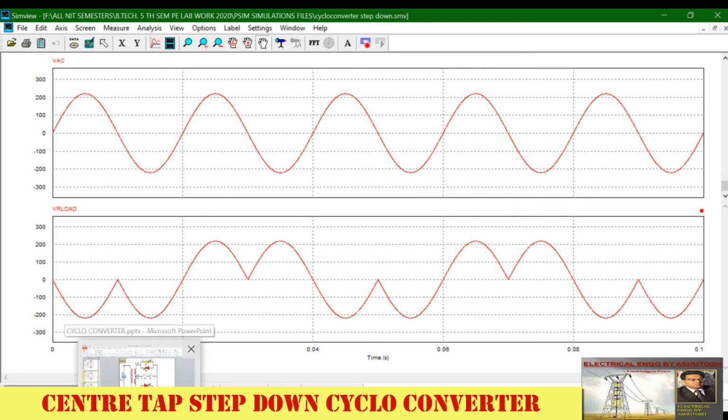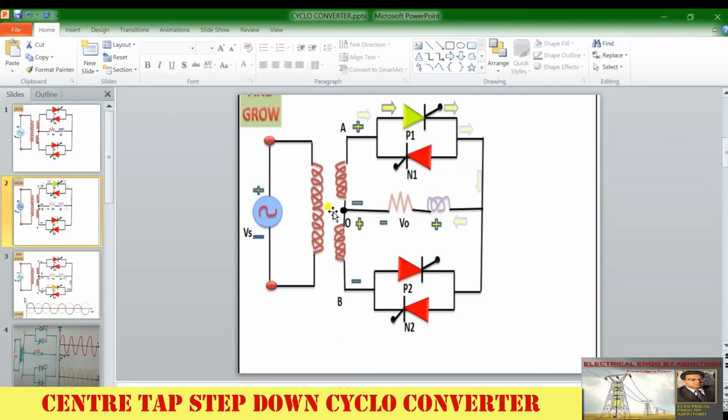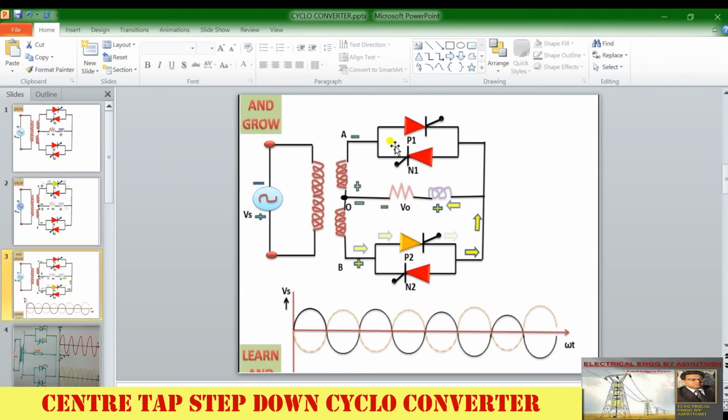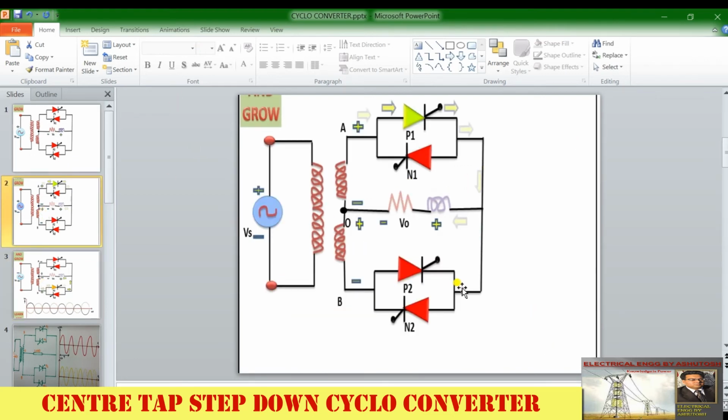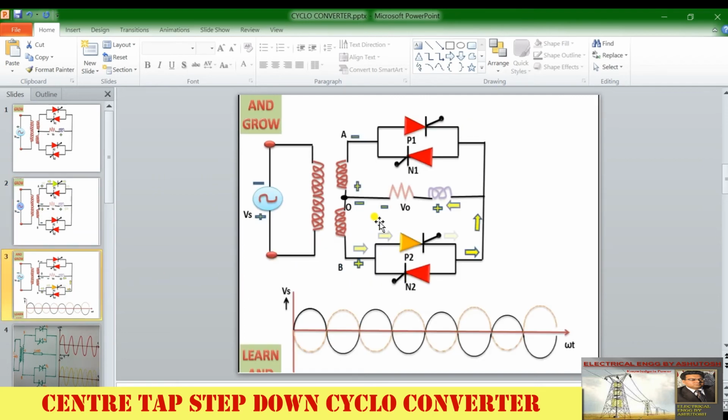And then what happens? Okay, as the SCR2 is turned on, the load current flows like here. You can see from negative half cycle. Okay, from negative half cycle, when it appears A is made negative, B is positive, then current flows again. This will be positive current.